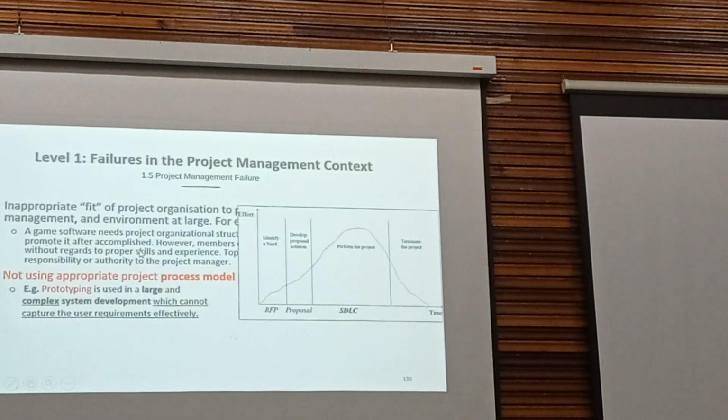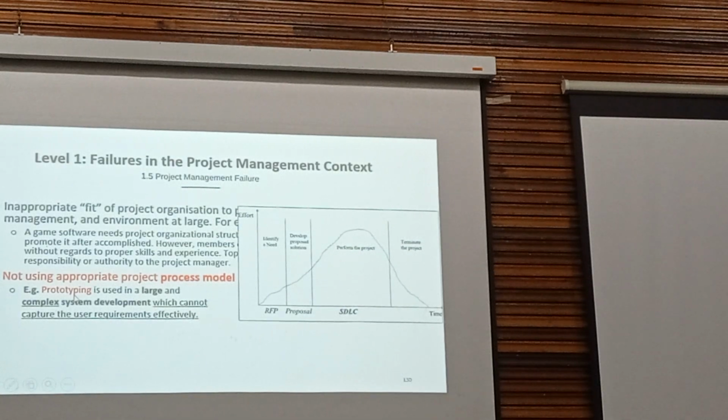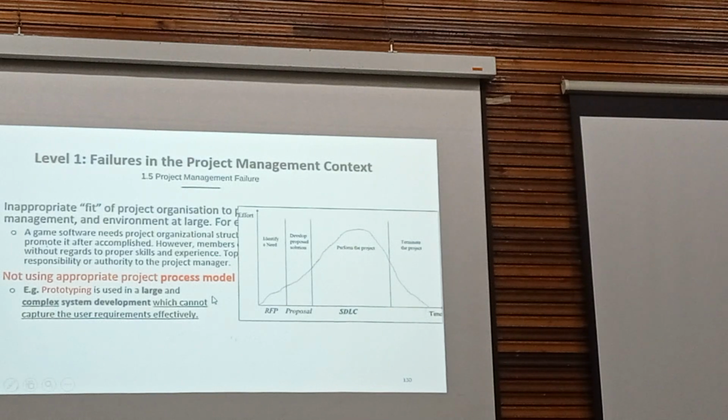Meaning the development team is not using the correct software development model, for example, using prototyping in a large and complex system development. Prototyping is not suitable for large and complex systems. For those, you may consider using the spiral model instead of prototyping.